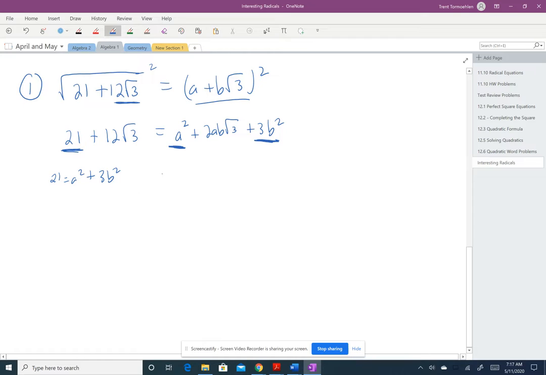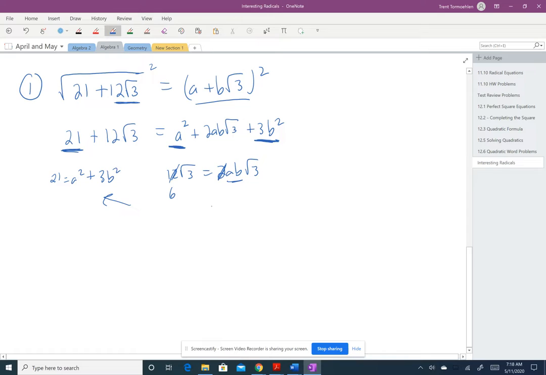And then we also know that 12 radical 3 has to equal 2ab radical 3. Which means that if you cancel the 2 out here, a times b has to equal 6. And that's how we do this guess and check usually, is that part of the problem allows us to come up with good values for a and b that we can then try to make this one work.